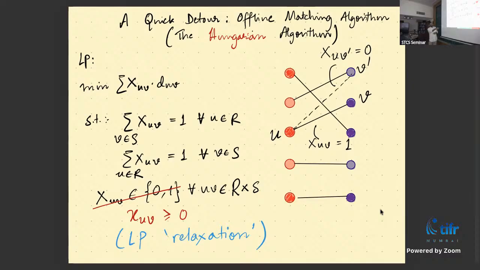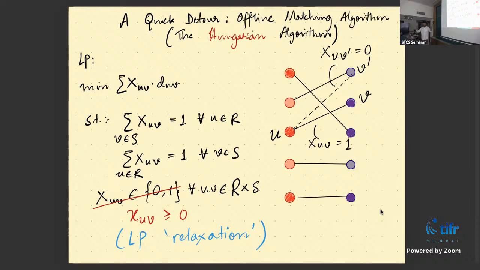So you can just relax this constraint and allow x_uv to take fractional values. It's quite clear that I don't need to impose the constraint x_uv at most one explicitly, because it's implicit in the other constraints. That's what is known as the LP relaxation.